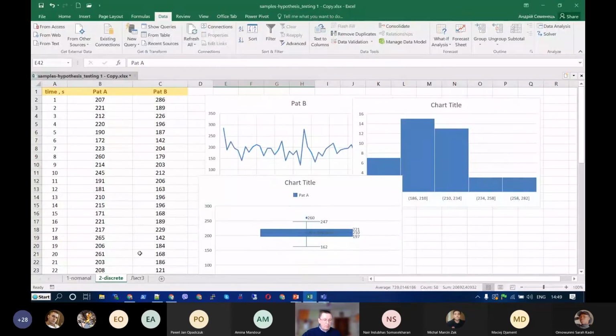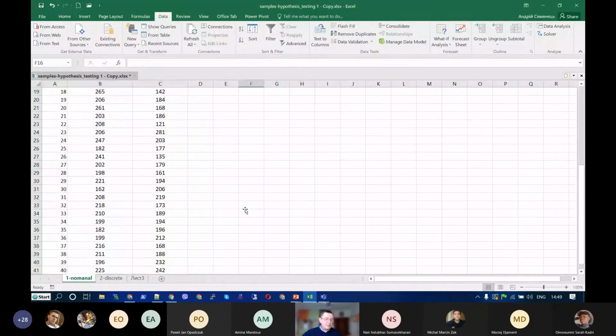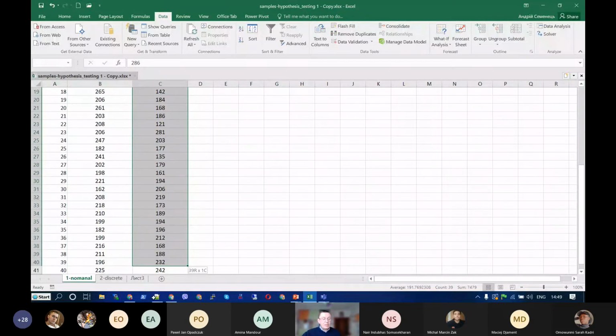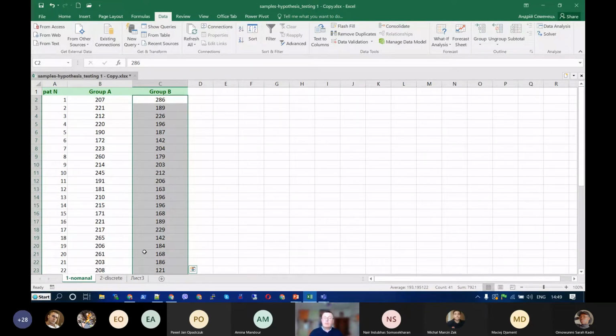Let's go back to my example, and I will make the same attempt to make a comparison between our nominal data sets. I made the decision: we have two independent groups, and I want to compare whether the sample means are statistically equal or not equal.